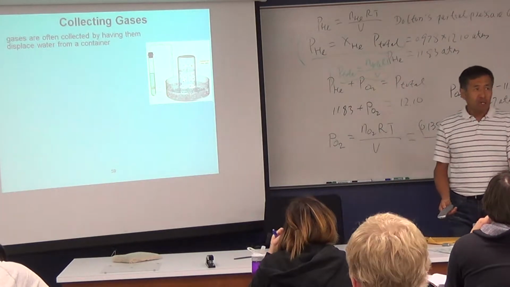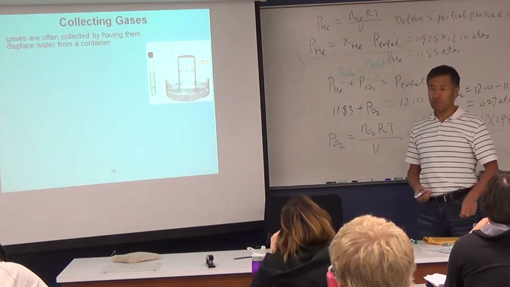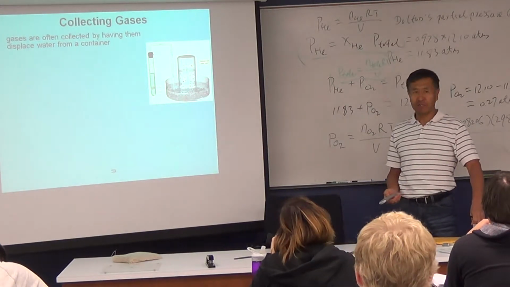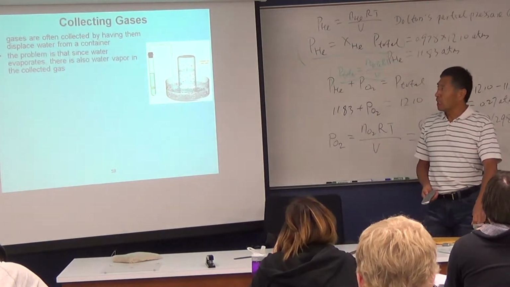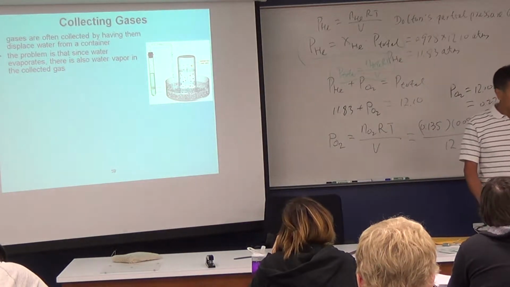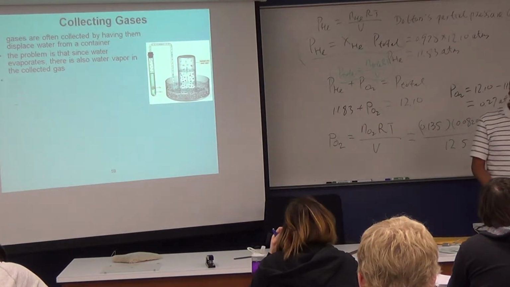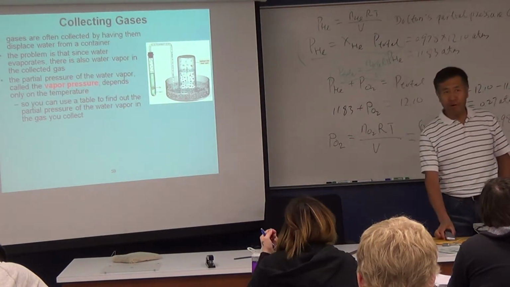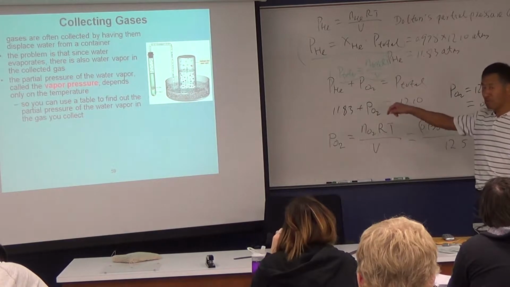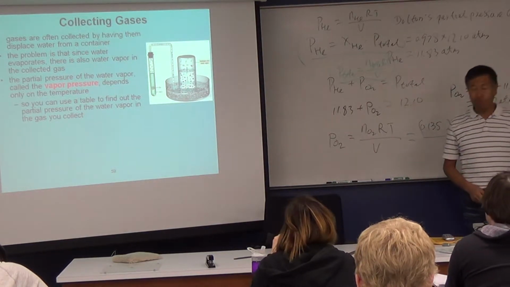Collecting gas often involves having it displace water from the containers, that's what we saw before. The problem is that since water evaporates, there is also water vapor in the collected gas. And then the partial pressure, because in the previous calculations, you want to calculate the mole, right?